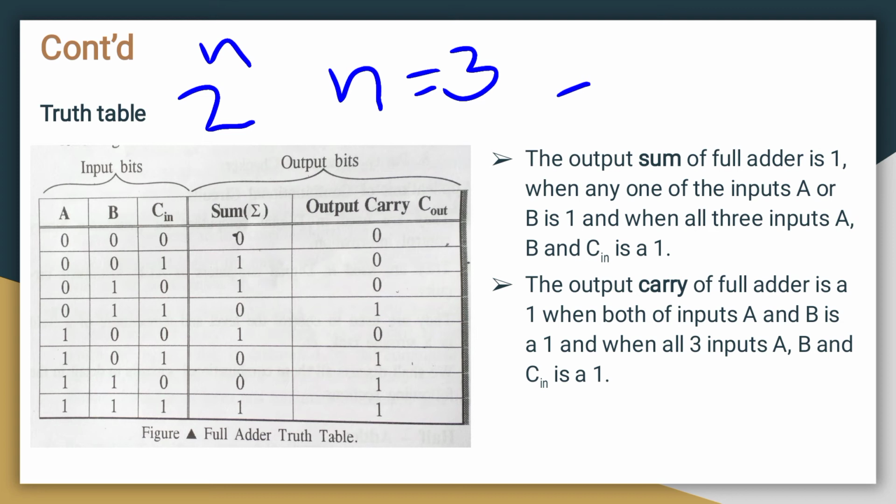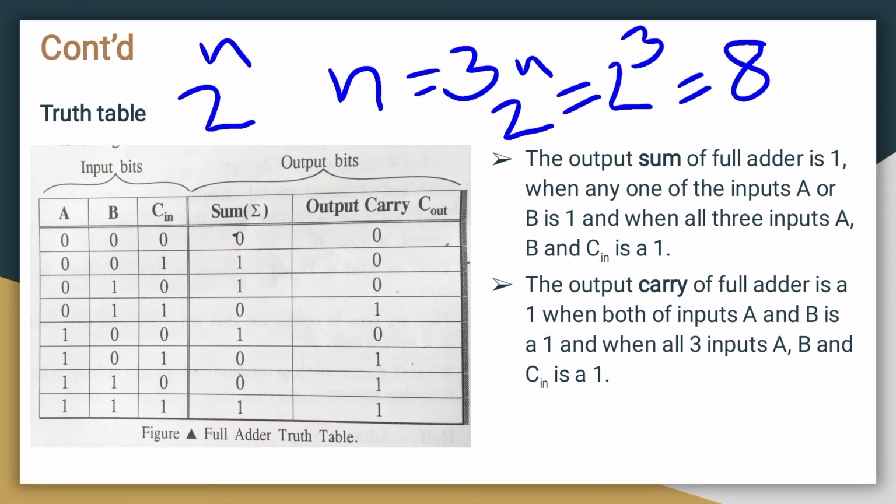We will get 2 to the power of 3, nothing but 8, right? So 8 rows of content you have to write. From here to here, 8 rows, but you have to start from decimal 0 to 7.